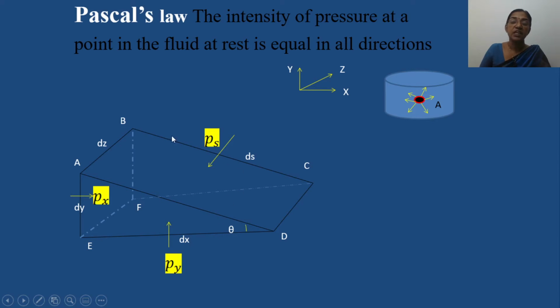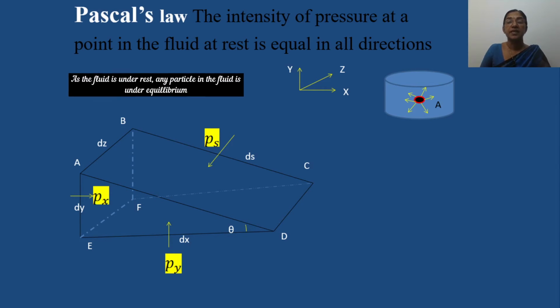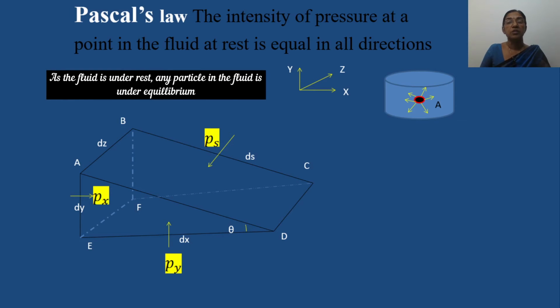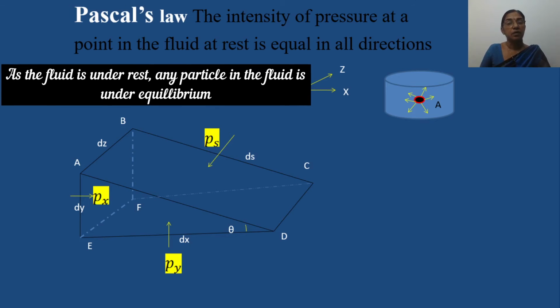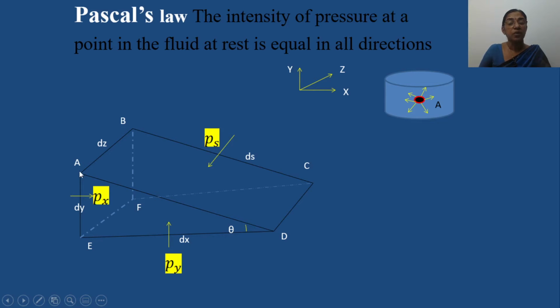If you are considering the equilibrium of this fluid element, then we have to consider the algebraic sum of the forces acting in x direction equal to 0, the algebraic sum of the forces in y direction equal to 0, and the algebraic sum of the forces in z direction equal to 0. The force acting on this element equals px into this area, because this is a normal area.